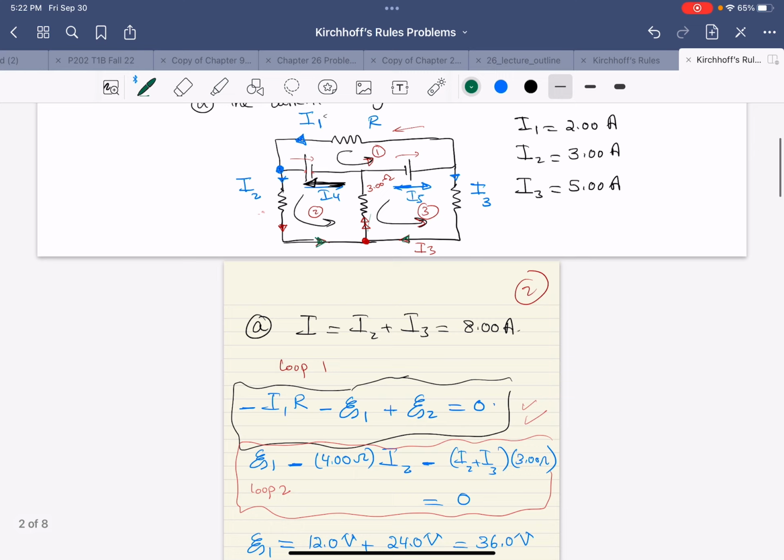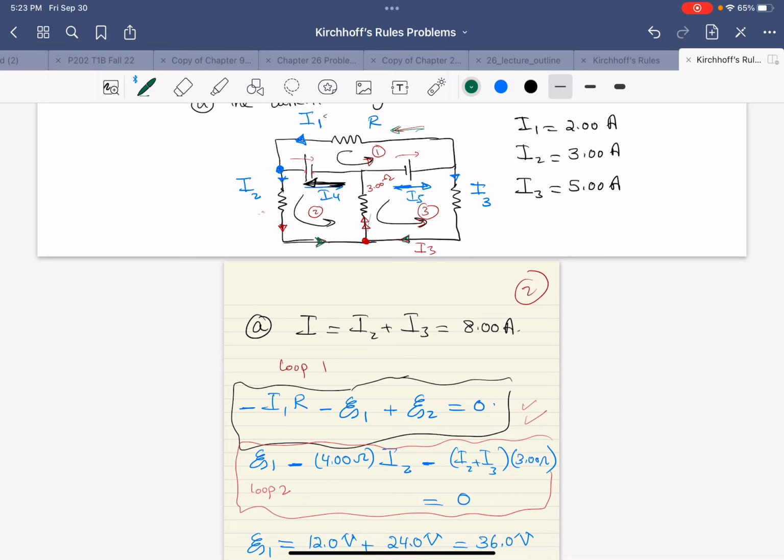Now remember, we said we are going to travel around the loops. Loop 1 is the upper one, and here I am traveling in this direction, in the direction of the current, so this is minus I1R.